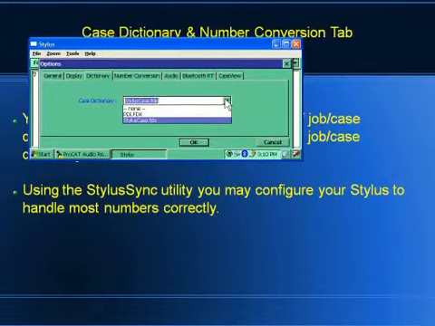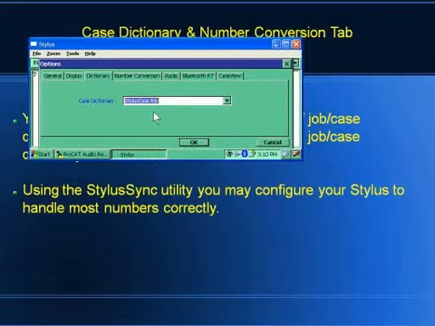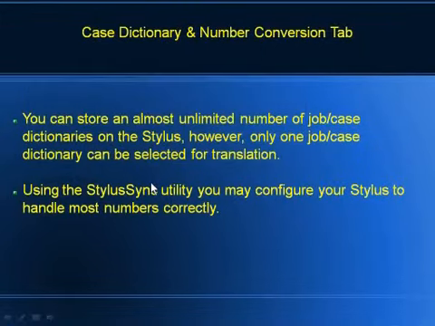So you just click on the down arrow key and select it. Now there's only 2 in here, but as you import them, you can give them their own names, because you've already created them, so you put them on the Stylus and you'll be able just to pick the one that you want. All right.